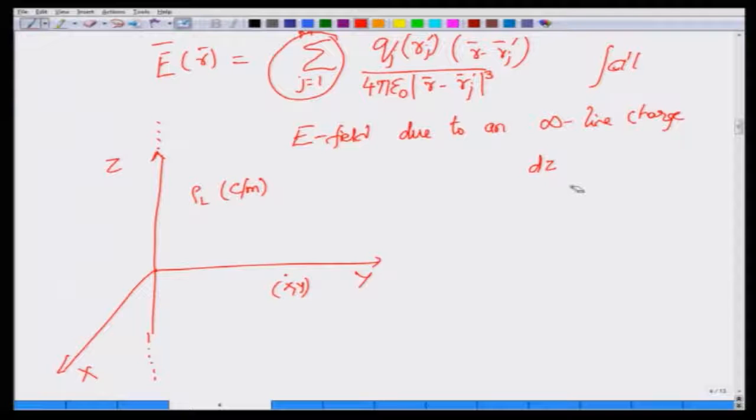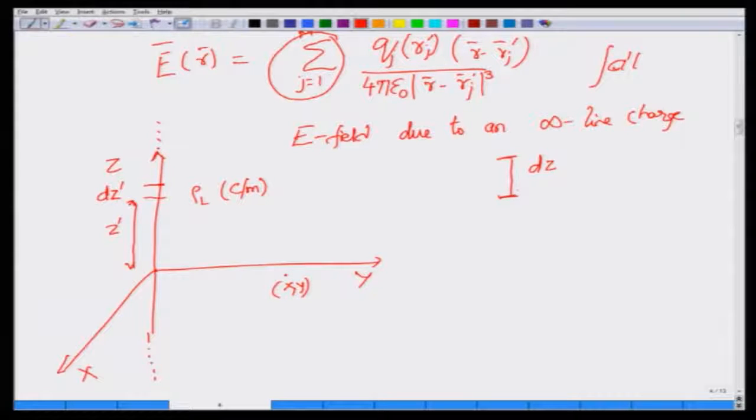Next, I need to first locate a particular point on the source. So, I am going to locate a point at z prime height from the xy location. I have the xy location here, and I am going to locate a point at z prime and consider a small incremental distance dz prime here. What is the charge in this small differential length dz prime?